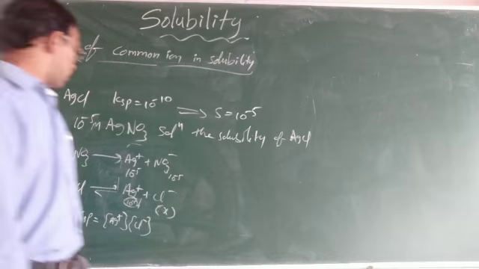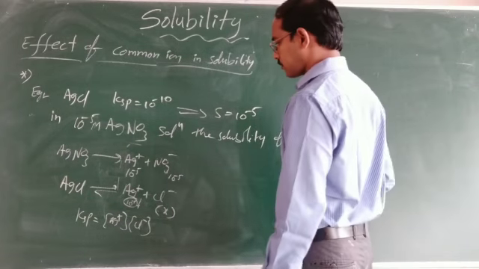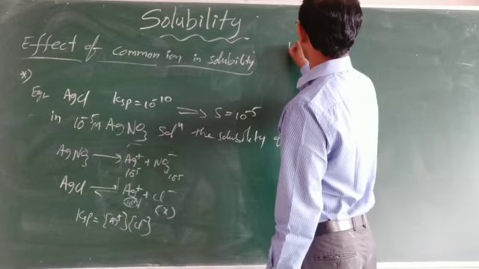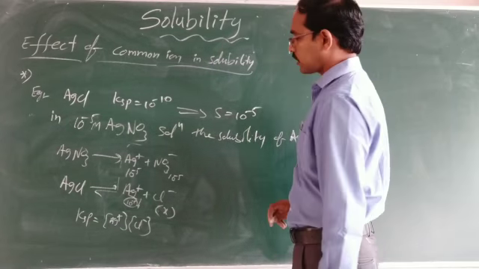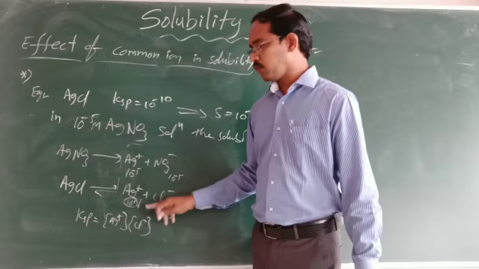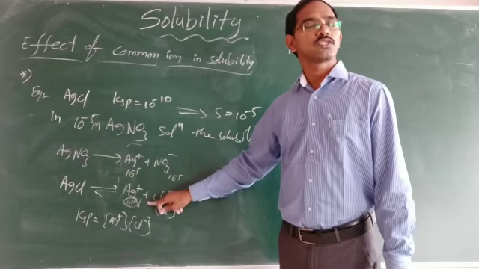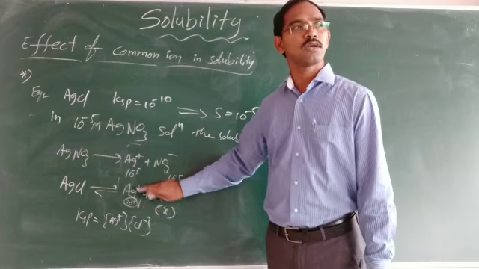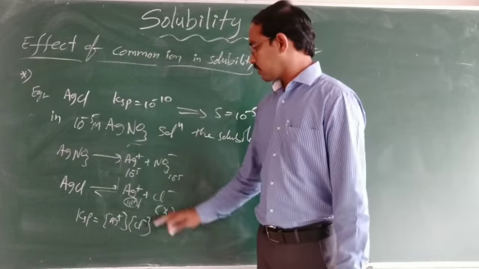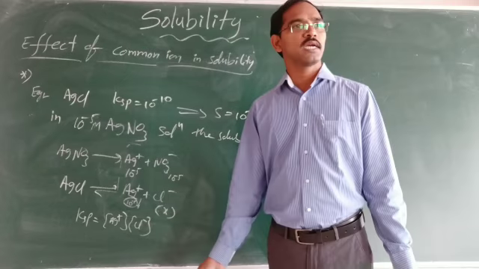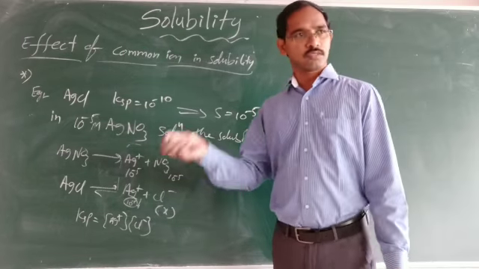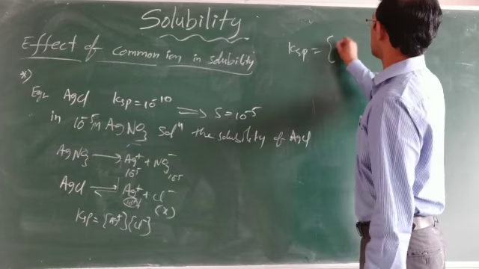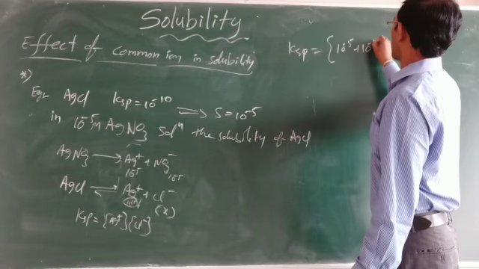Now what will be the Ksp and S relation? The relation is the same. Now just apply Ksp equals Ag plus concentration times Cl minus concentration. The values are the same, so in that case we cannot neglect this concentration. We have to take it. Suppose you neglect it, then you will get the same answer, 10 power minus 5. But due to the common ion effect, something should decrease. So we take the Ag plus concentration as 10 power minus 5 plus 10 power minus 5.